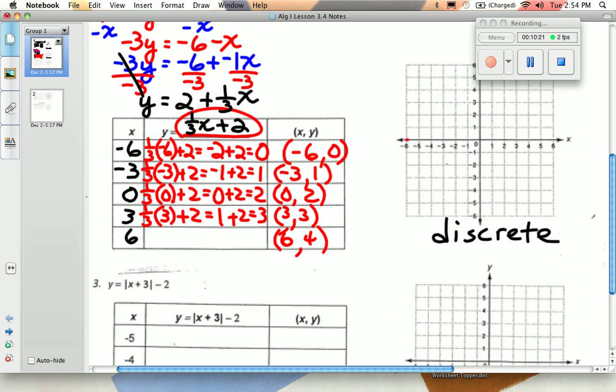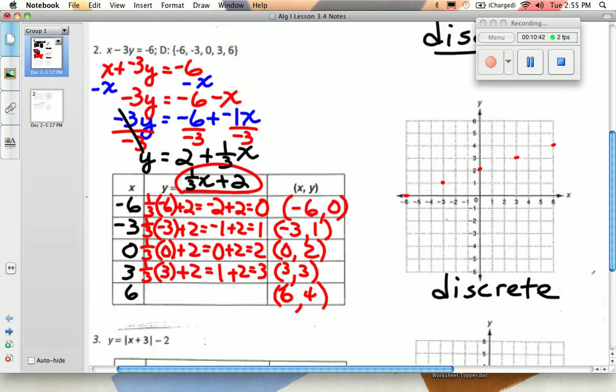So let's graph those ordered pairs, if you haven't yet. Connect the dots? No, it's a discrete graph, so we don't want to connect the dots. One thing left to do, what is it?